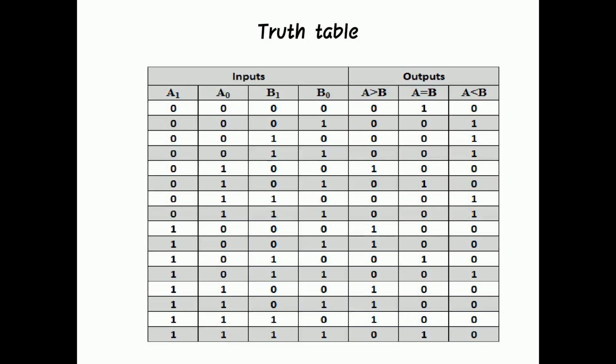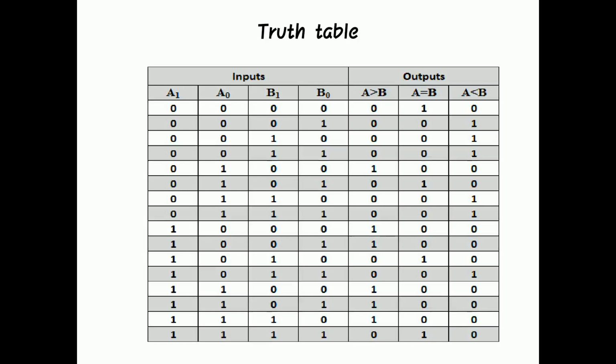Again A0 value is 1, A1 value is 2. So I am going to repeat once again: B0 value is 1, B1 is 2, A0 is 1, A1 is 2.